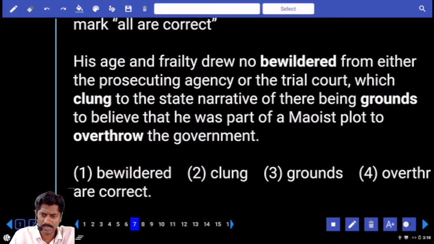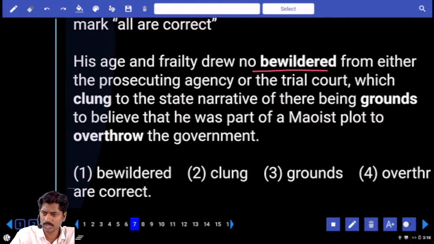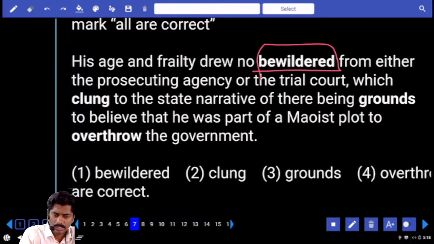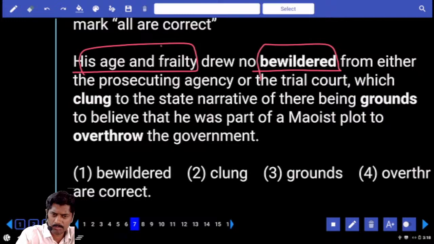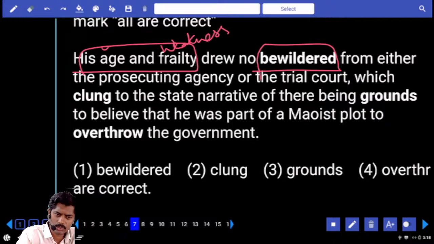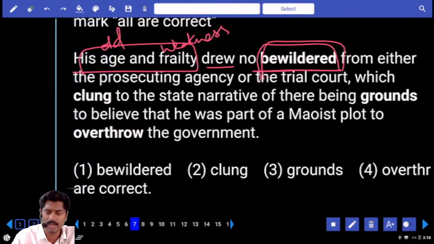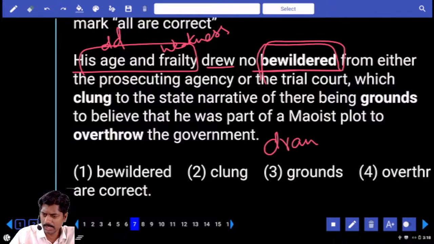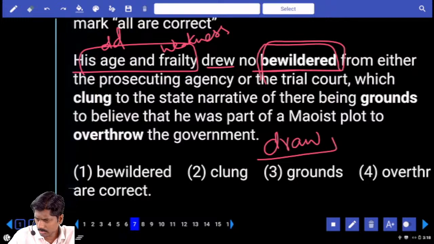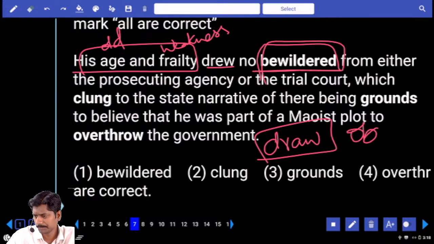His age and frailty drove no bewildered. Frailty means weakness. His age, maybe old age, that's why he's talking about weakness, frailty. Drew means draw, drew, drawn. After draw, you need to keep an object.